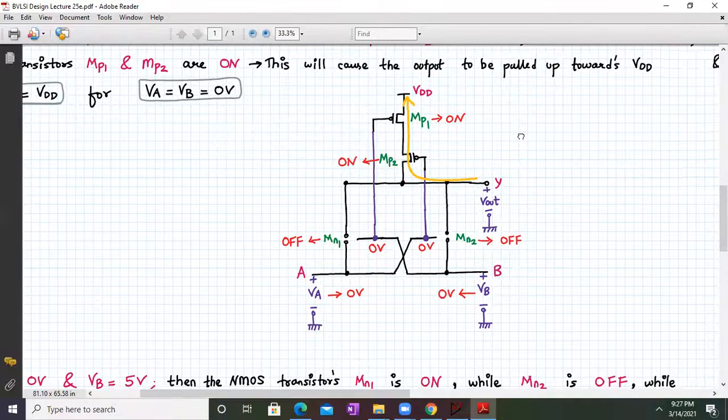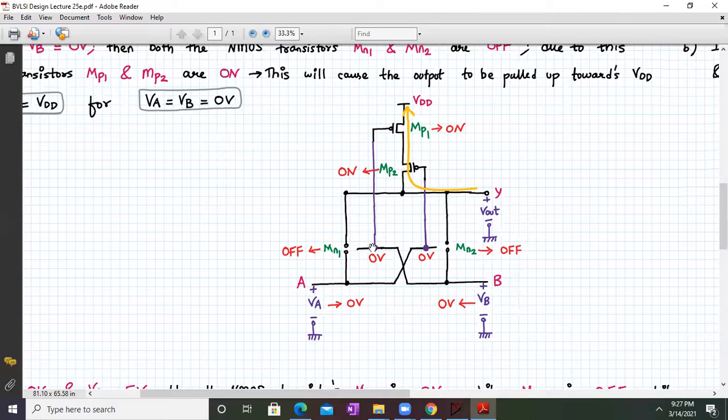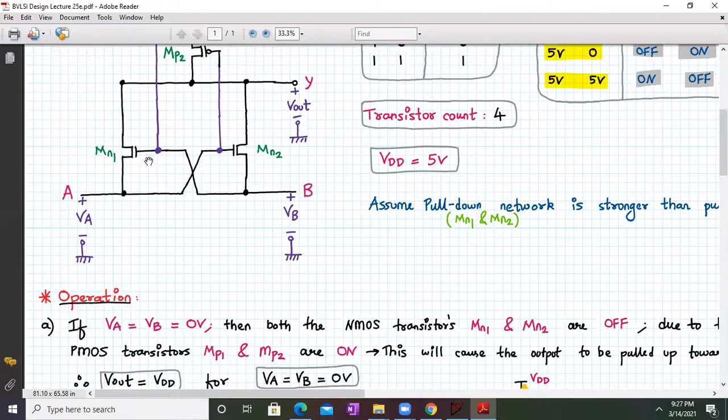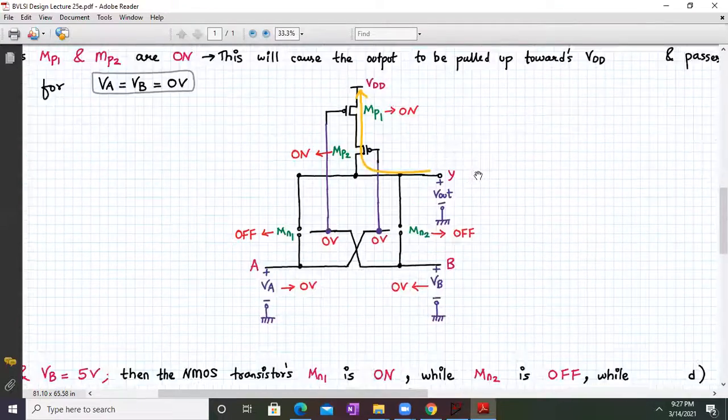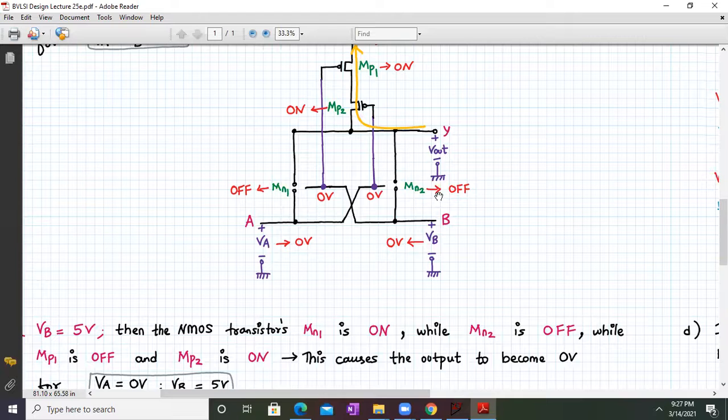In this case, if my voltages VA and VB are 0 and 0 volts, what will happen? If you apply 0 volts to the gate of the NMOS transistors, MN1 and MN2 will be off. Hence, they are represented as an open circuit.